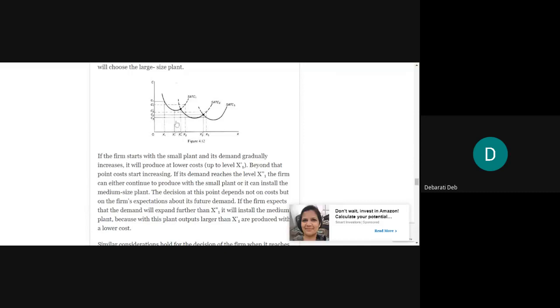If you draw a perpendicular from this minimum point, X1 dash is the lower cost. After this, the cost will start to increase. U shape. The lower bottom of the U shape is the point at which the firm can produce at lower cost. So up to the X1 dash level, the firm will produce at lower cost. Beyond that point, cost will start to increase.